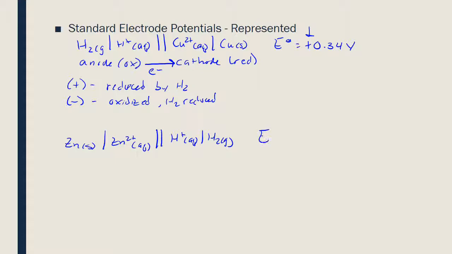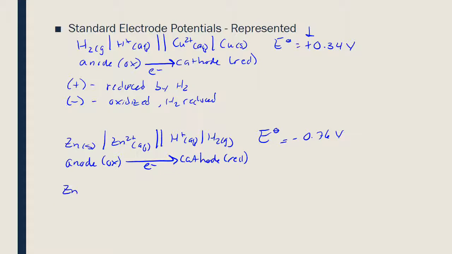And we're going to get an E theta value of negative 0.76 volts. So it is negative, which means whatever is hooked up to hydrogen is being oxidized. Therefore, zinc is at the anode and it's being oxidized. Hydrogen is at the cathode and it's being reduced. The electrons are flowing from zinc to hydrogen.